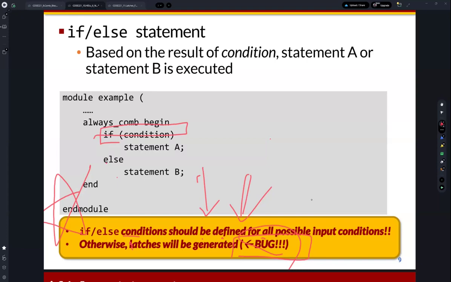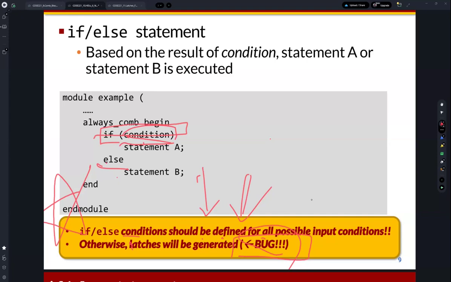Okay, so it is recommended to always use else for combinational logic. In sequential logic, you don't need to define all possible conditions. But for combinational logic, we need to define all possible conditions for if else, also the case statement.